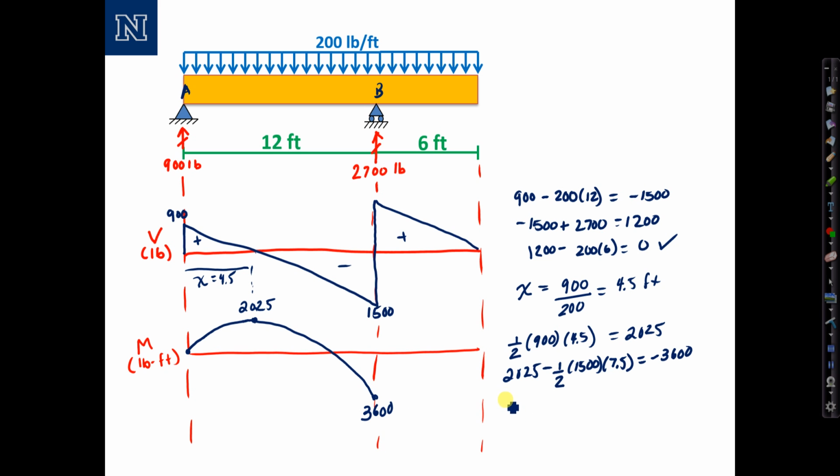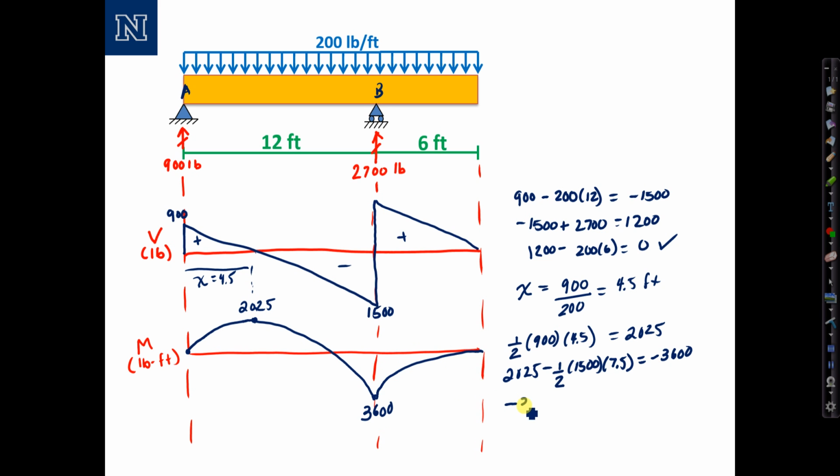And then finally, what happens at the end is the shear is positive and linear, so the moment is going to be quadratic and curved again. It's going to increase back to 0 at the end. And I can tell the curvature of the slope because the slope is going to be larger where the shear is larger. The slope is going to go to 0 where the shear is 0.